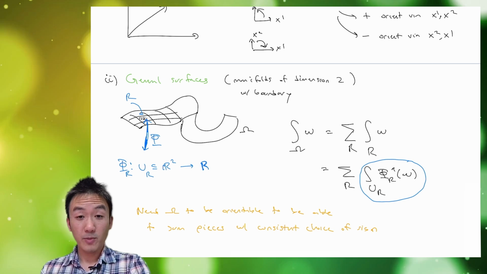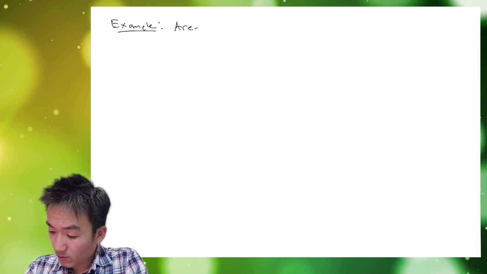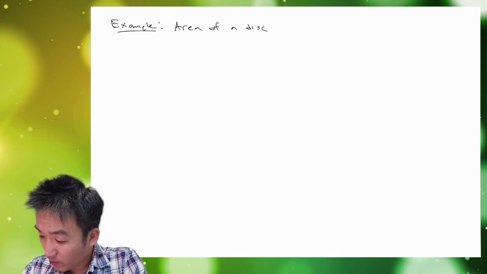Okay, let's first begin by computing the area of a disk, but in a somewhat roundabout way to illustrate some of the concepts that we've learned. Okay, so it will be a bit roundabout.